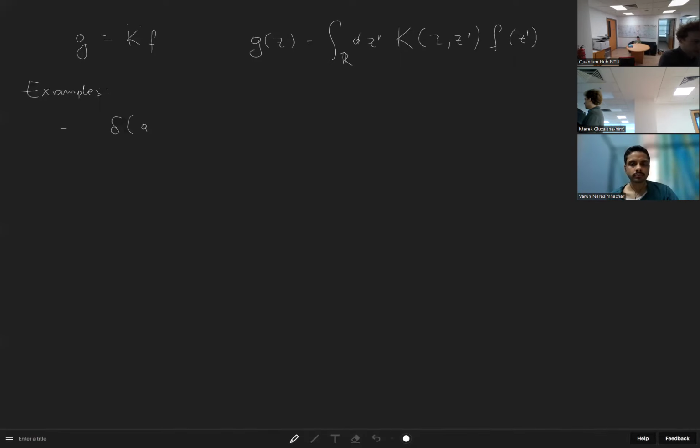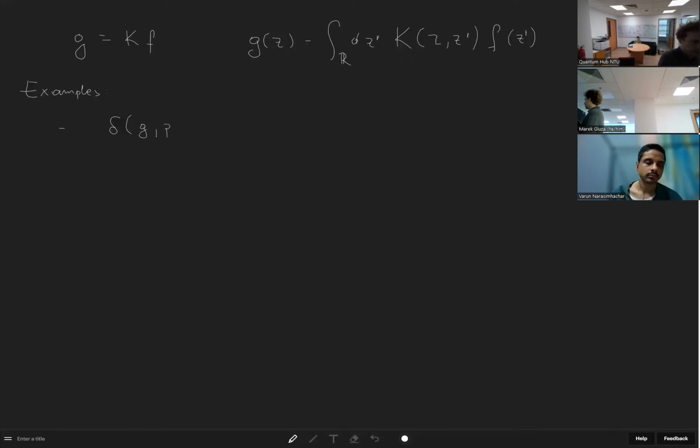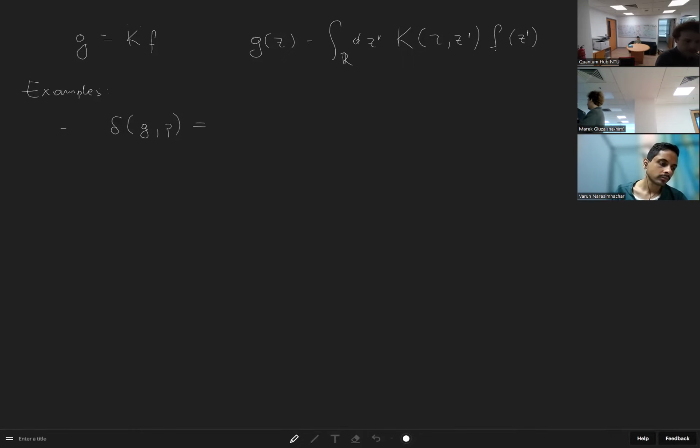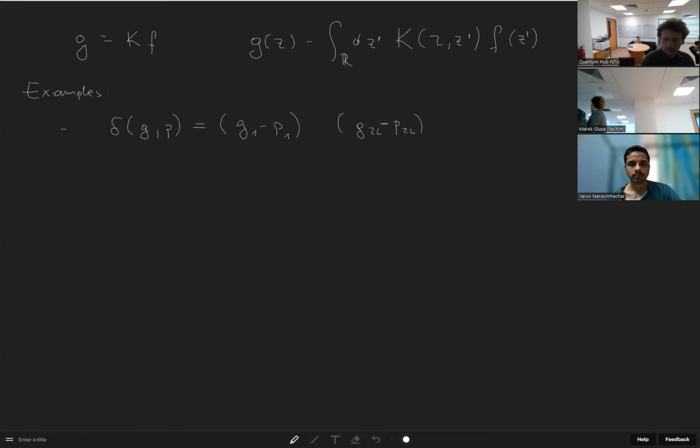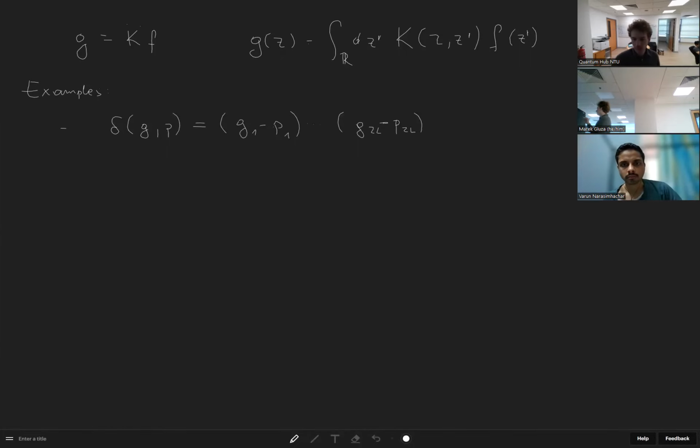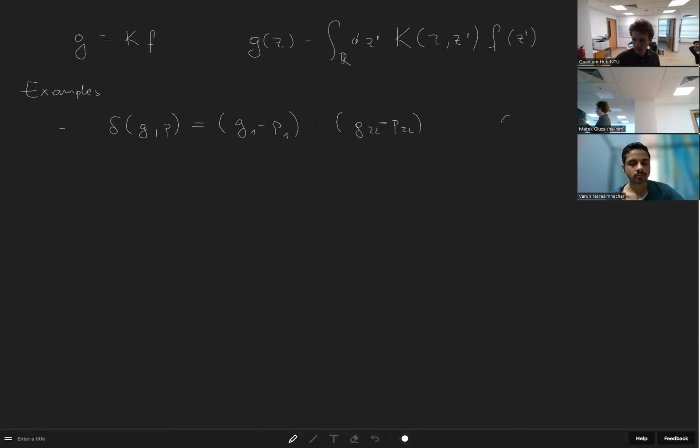The delta will depend on G and P and will be defined as an ordered product (G1 minus P1) dot dot dot until (G2L minus P2L). And those G's and P's are the generators of a joint Grassmann algebra.